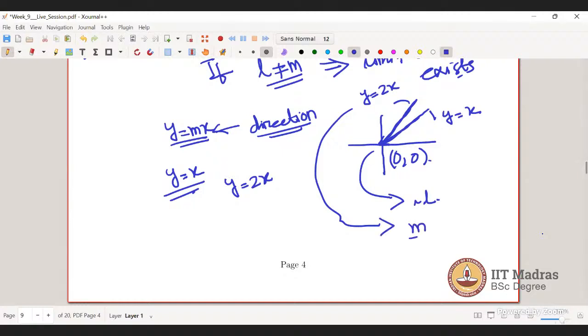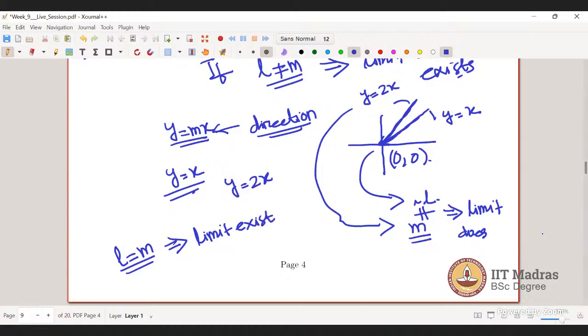Let's say L and M. If L is not equal to M, then directly you can say that the limit doesn't exist. But the problem is, if L is equal to M, you cannot say that the limit exists.